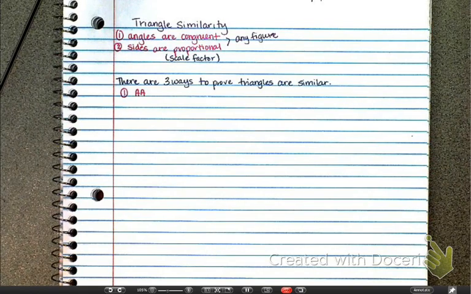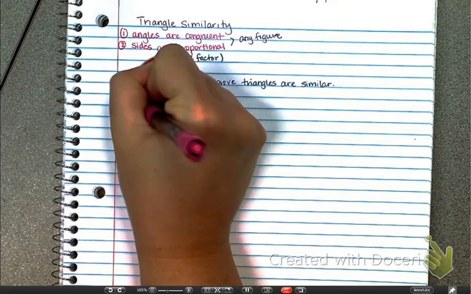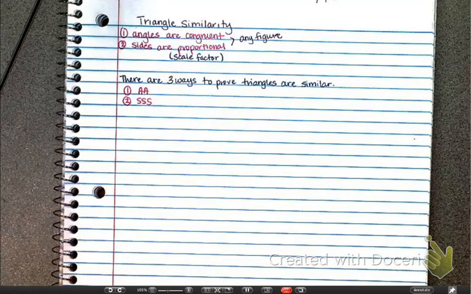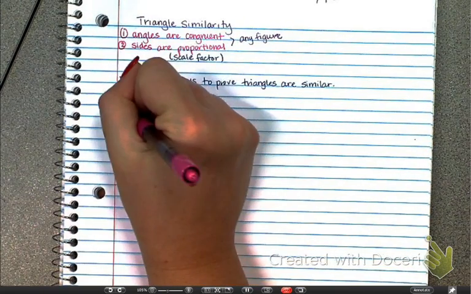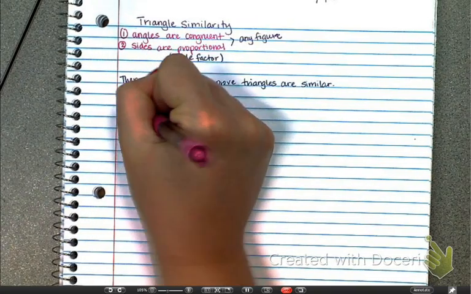So that's the first one. The second way to prove triangles are similar is by side, side, side. And the third and last way is by side, angle, side.